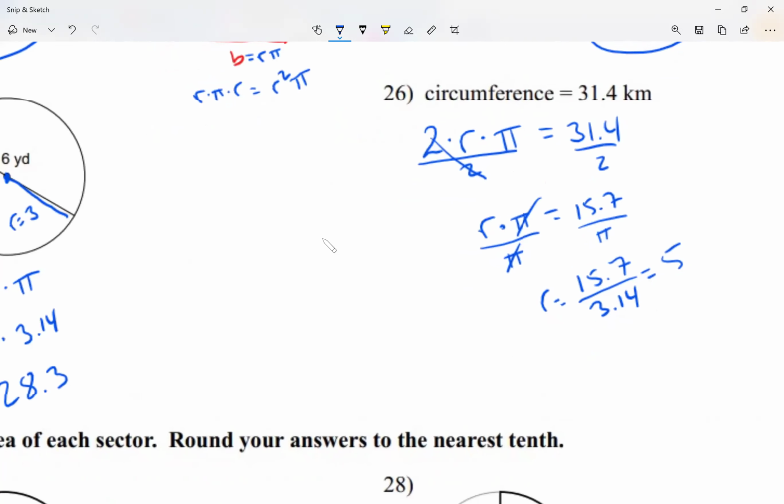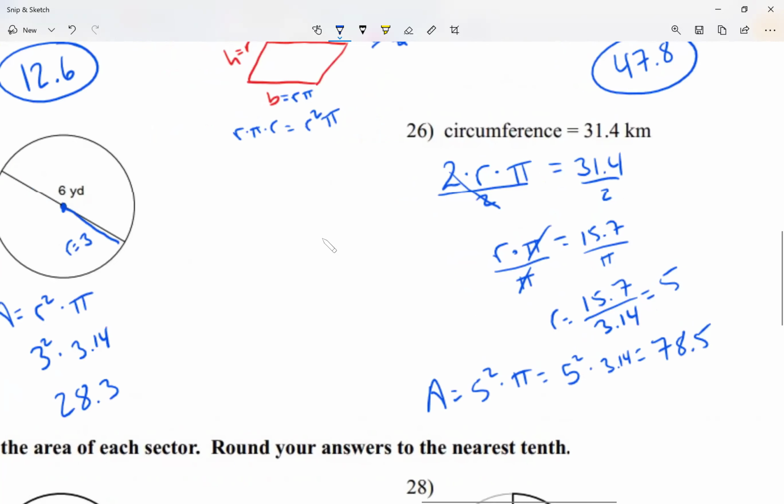Okay, I know the radius now. So now for the area, I'm going to go 5 squared times pi. The way I'm going to type this will be 5 squared times 3.14. And that's going to give me 78.5.